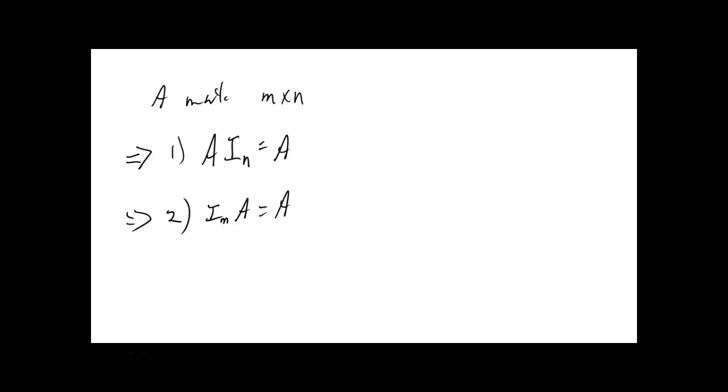So even though you'll often see AI equals IA equals A, the only time you can say that is when A is a square matrix and then I is the same identity matrix. So if A is square, then that would be a legal statement. You don't have to use the subscripts.